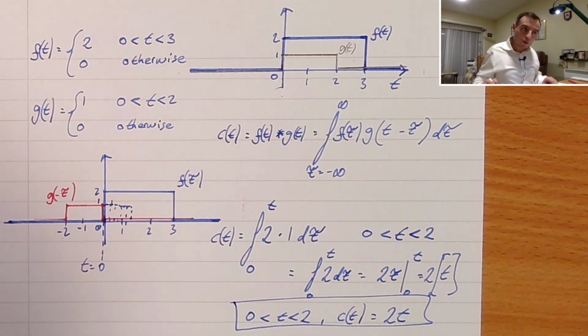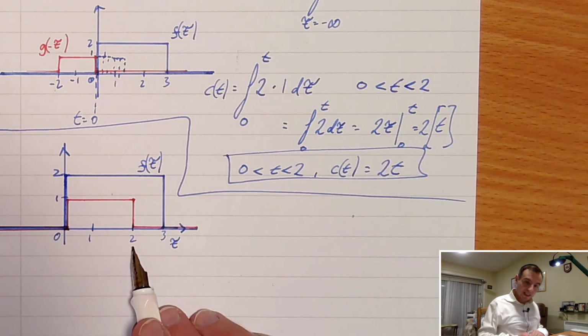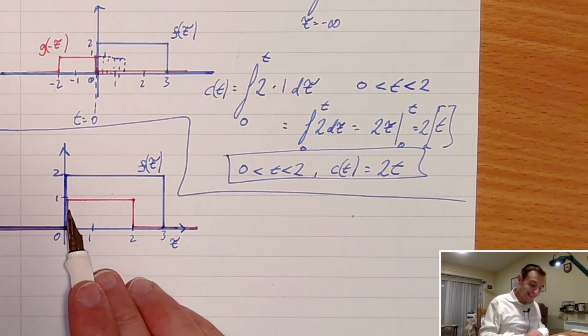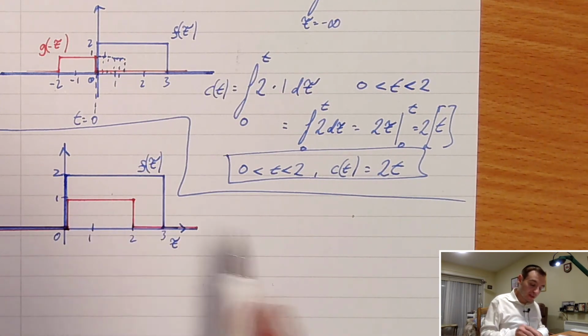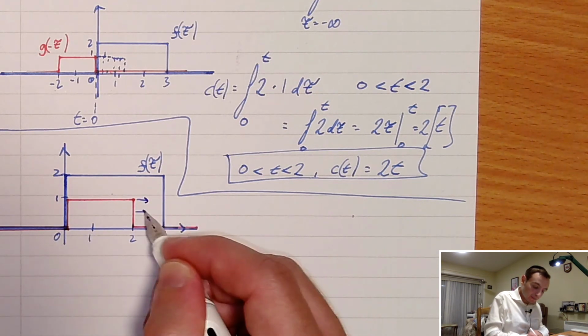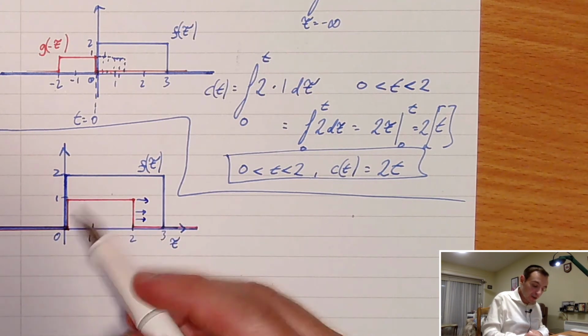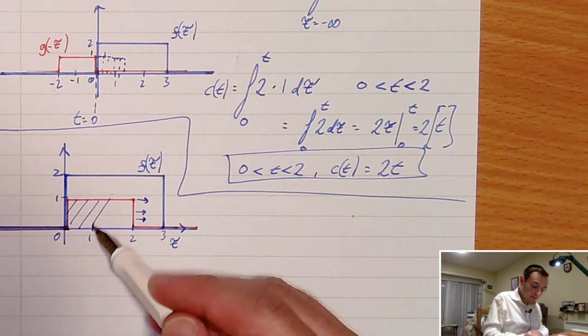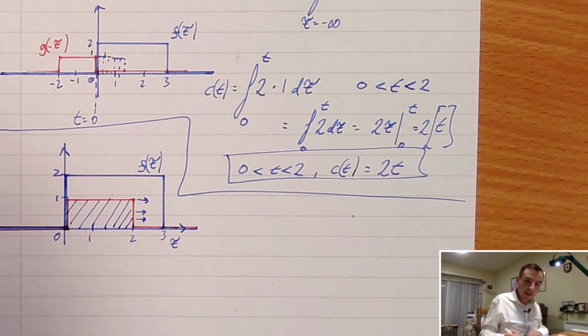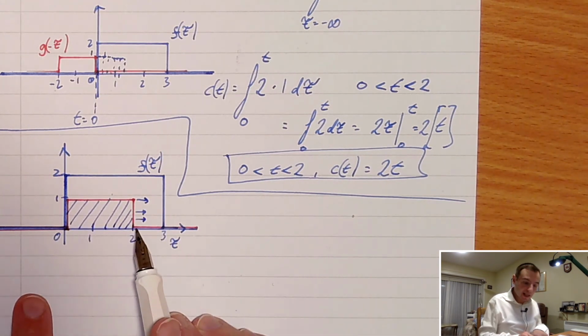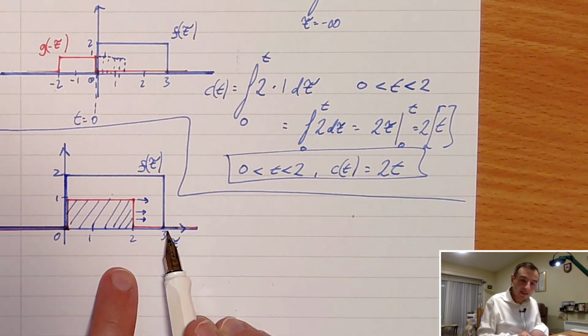Let's have a look at what happens after t equals 2. Once t equals 2, we can see that as the red box moves to the right even further, the magnitude of the area of overlap, which is here, is going to remain the same as the box moves, at least until t equals 3.